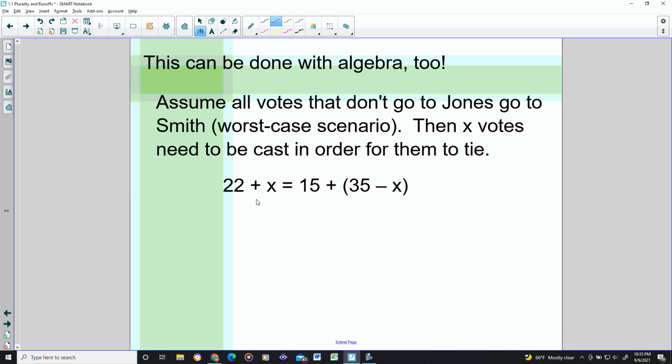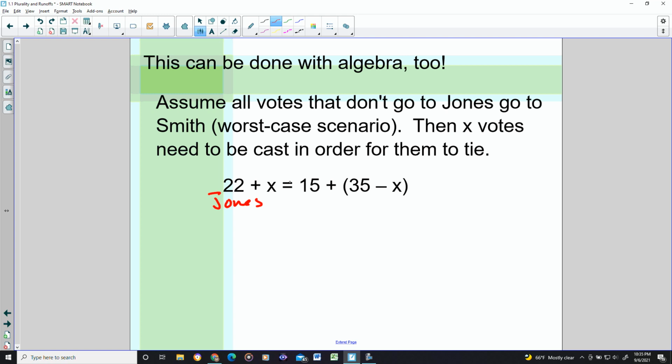Okay, so then X votes are needed to be cast in order for them to tie. So at this point, Jones had 22, right? Plus some value of X equals 15 plus 35 minus X.